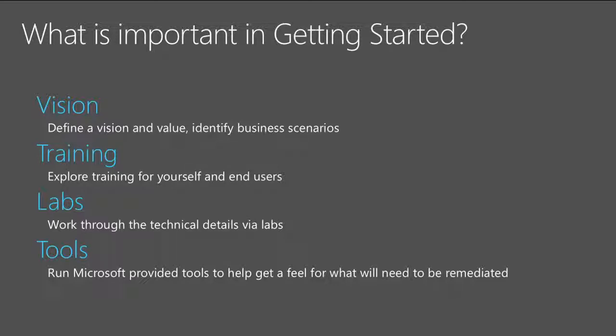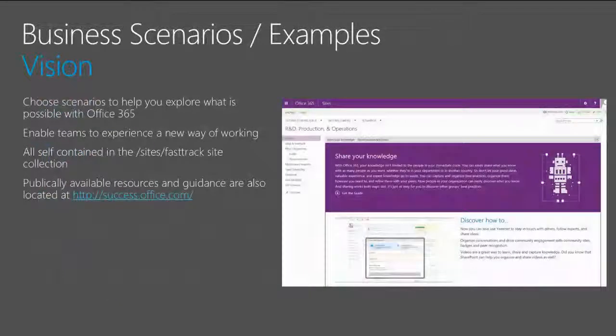So what does the vision look like from the perspective of what you can do with getting started? Well, we have success.office.com. It is what our usage and adoption team puts all their heart and soul into, as far as business scenarios and what you should be doing to really change the way you work. We take that content that's publicly on the web and simply put it into SharePoint Online, your own tenant, to help you work from some of these scenarios.